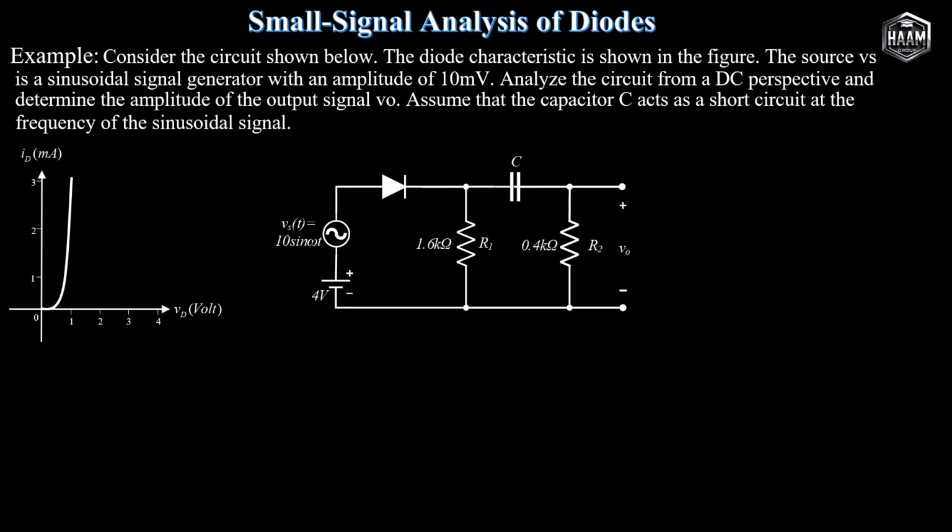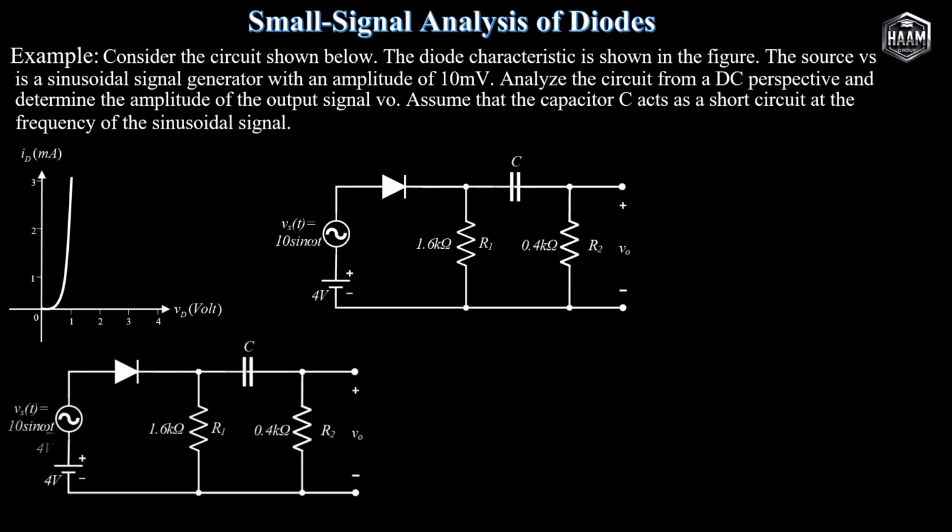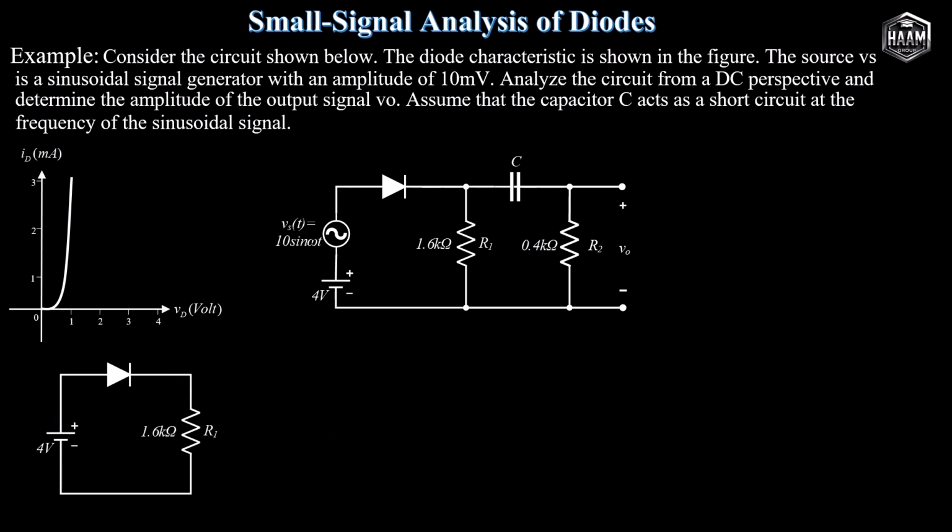Okay, let's first analyze the circuit in the DC regime. The capacitor acts as an open circuit and the AC sinusoidal voltage source is deactivated, acting as a short circuit.